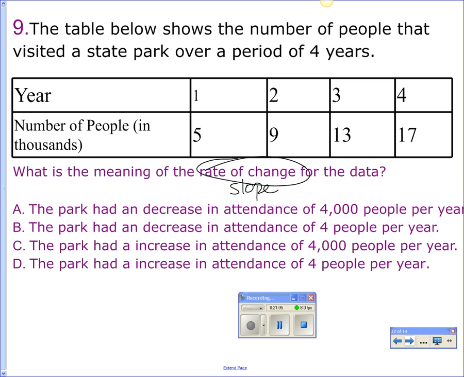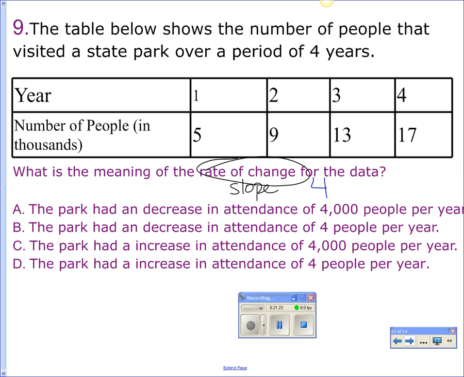Okay, what are we getting for the slope? Okay. You got to be really careful on this one. Got to be careful. Hold on. What does it say? Got a question?